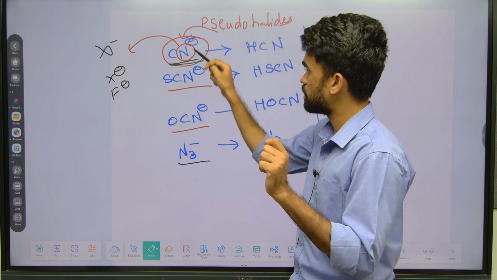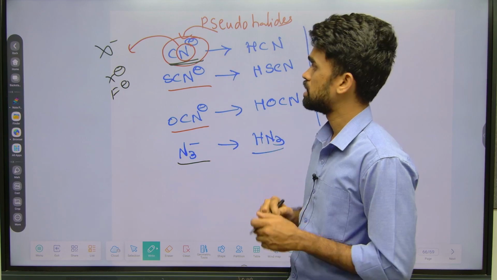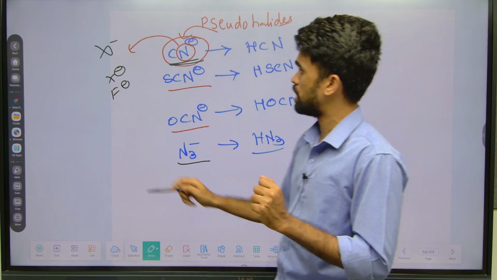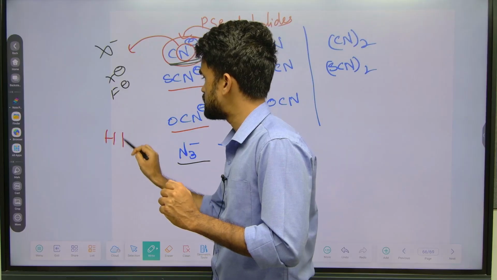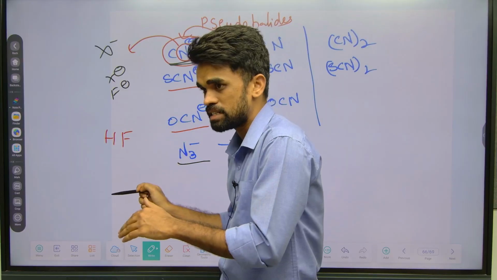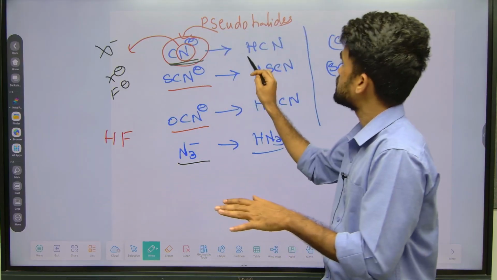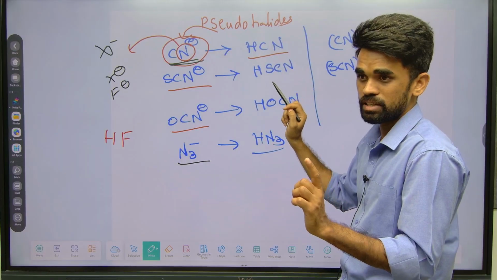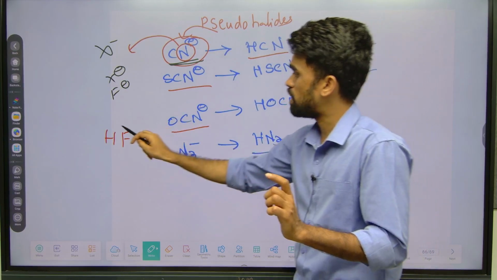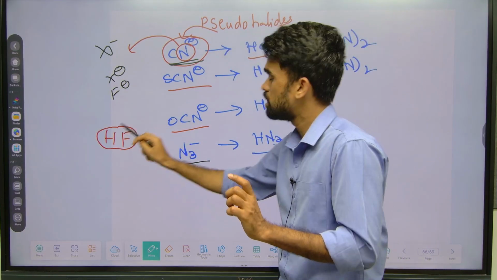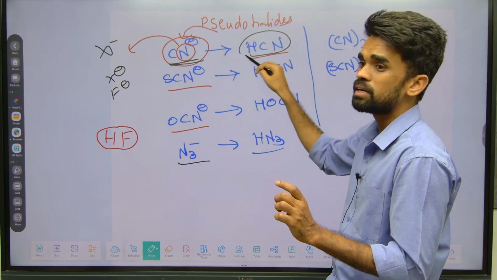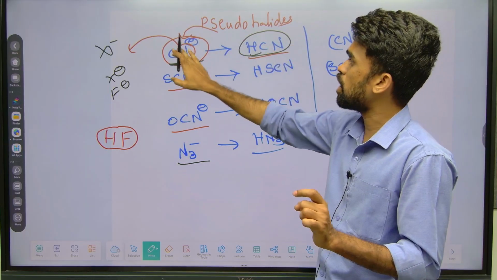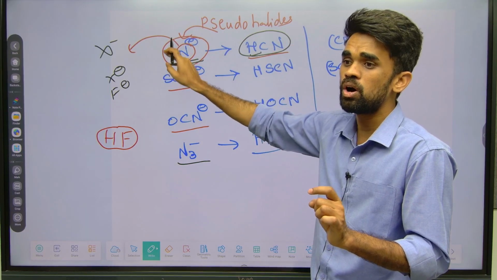So we can consider them as pseudo halides. Why we call them pseudo halides: HF, HCl are acids, and similarly HCN is also an acid. Whatever nature HF shows, similar nature is shown by HCl. So that's why we call CN minus a pseudo halide.